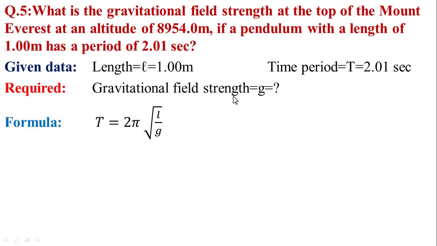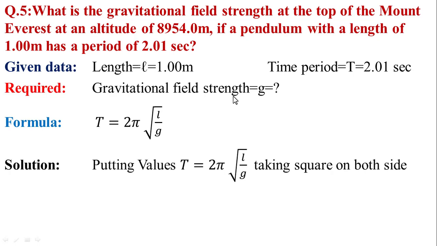So we use the formula T is equal to 2 pi square root of L over g from the simple pendulum. Now in a simple pendulum, time period T is equal to 2 pi square root of L over g.